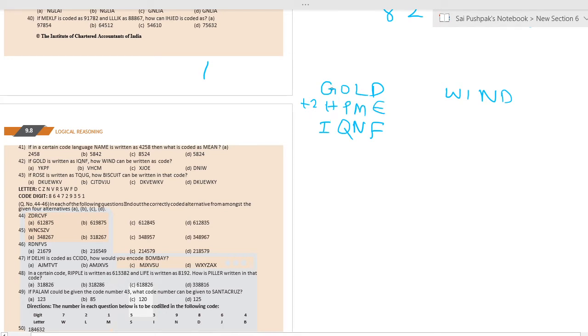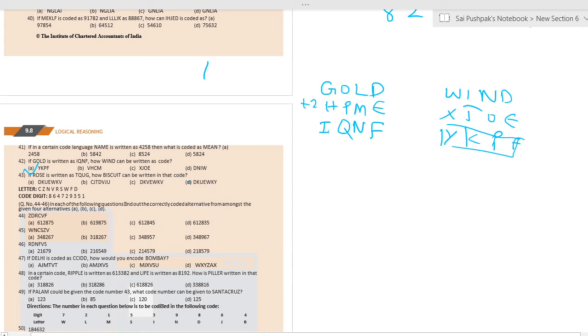You see? After G, the second one is I. So it is coded as G plus 2, O plus 2, L plus 2, D plus 2. After W: X, Y; I, J, K; N, O, P; D, E, F. The answer is Y, K, P, F.